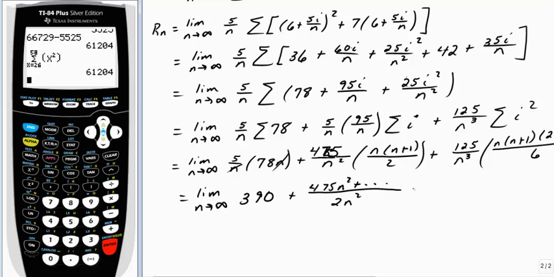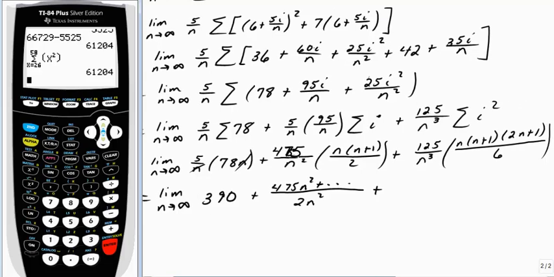For my next term, please do remember part of it's off the screen, so there it is. I can see if I multiplied out every single term in the numerator, the greatest power of n would be an n cubed. Its coefficient would be 2n cubed times 125. It would be a 250 n cubed. Yes, there's other terms of n in the numerator, but they are irrelevant. Your denominator is 6n cubed.